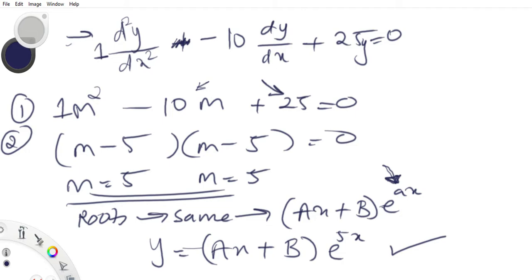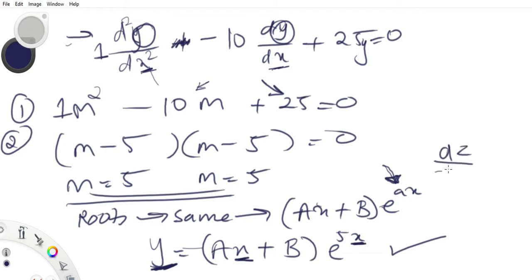Now, there's a few things I need you guys to notice. This is y only because the original differential equations were y's. And there's x's here and here only because you were differentiating in terms of x from the very get-go.